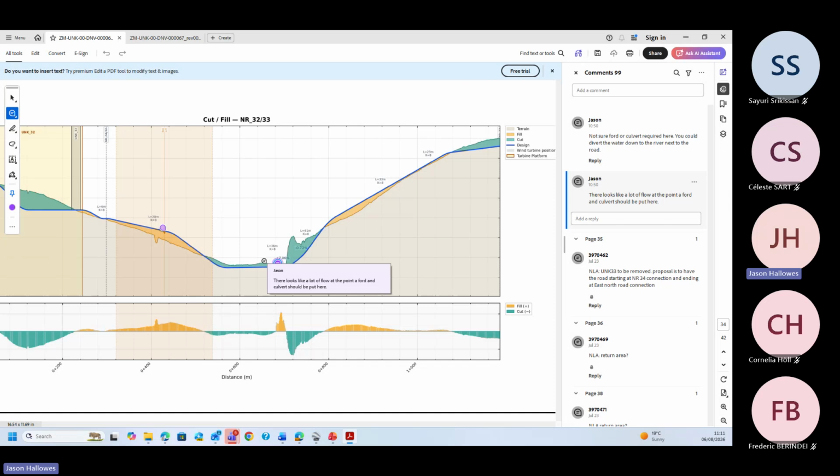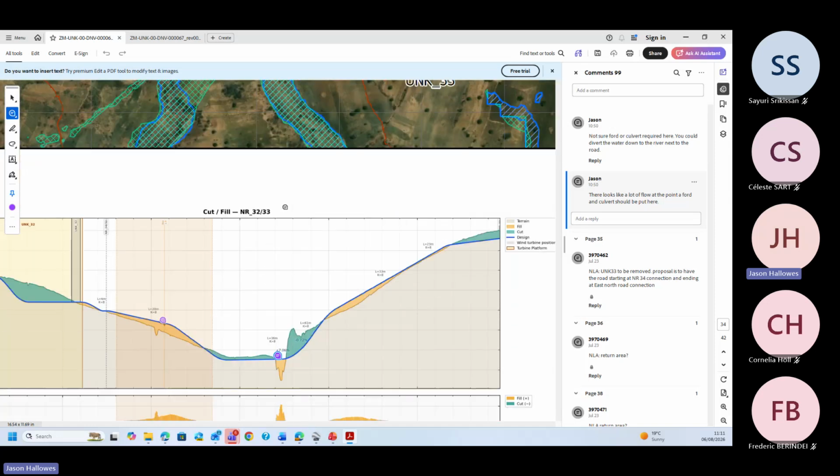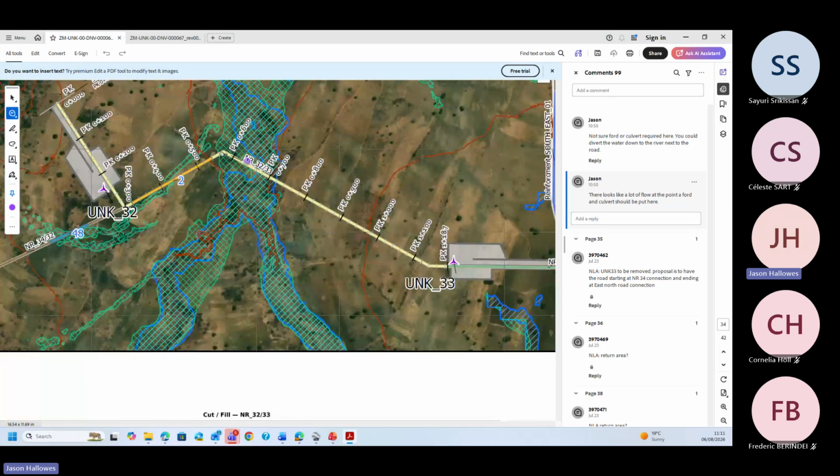Yeah, so in some of these places, I don't really understand why he's put culverts in certain of the areas and not put them in others. So it's actually quite a good example. If we look over here, this section is river flowing where you've got quite a substantial river flow.